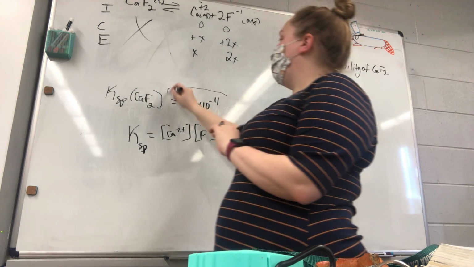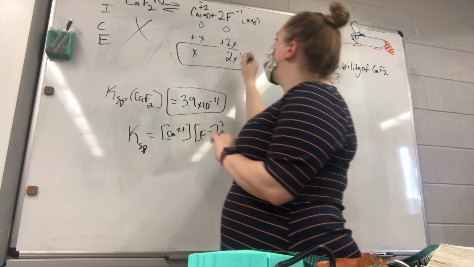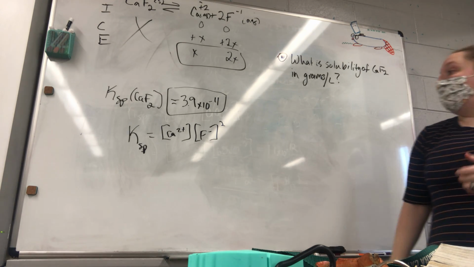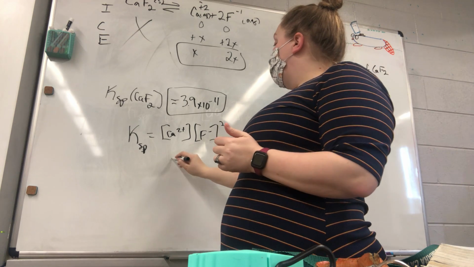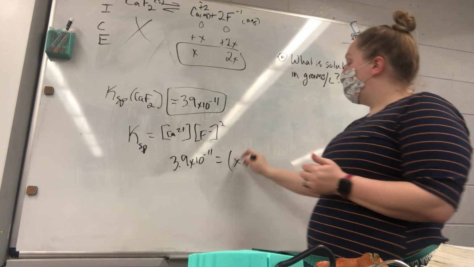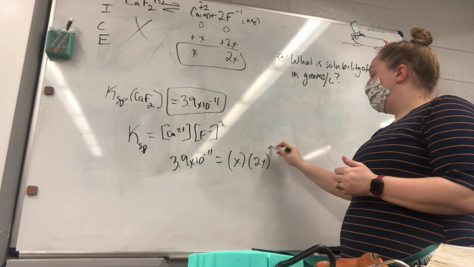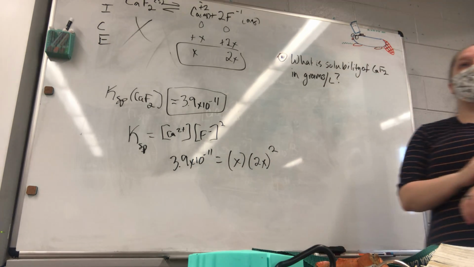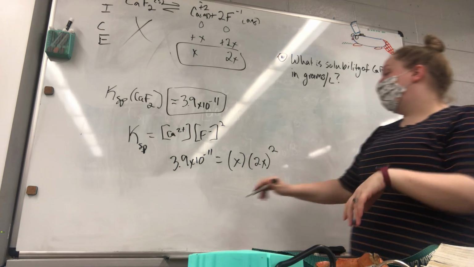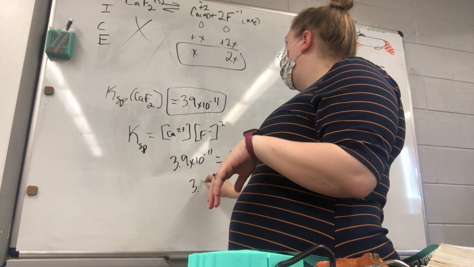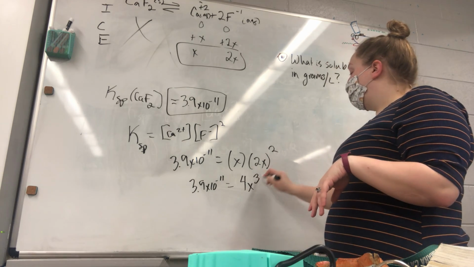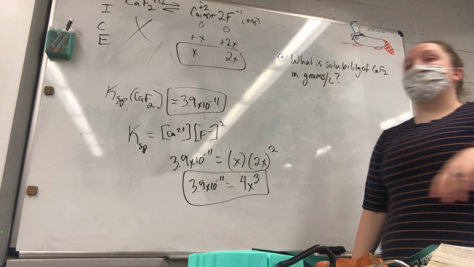From there, we have this value, and we have expressions for equilibrium. Next thing we need to figure out is what is actual X. So we're going to take our numbers, we're going to plug them in. Two x squared becomes what? 4x squared times x gives you this expression.